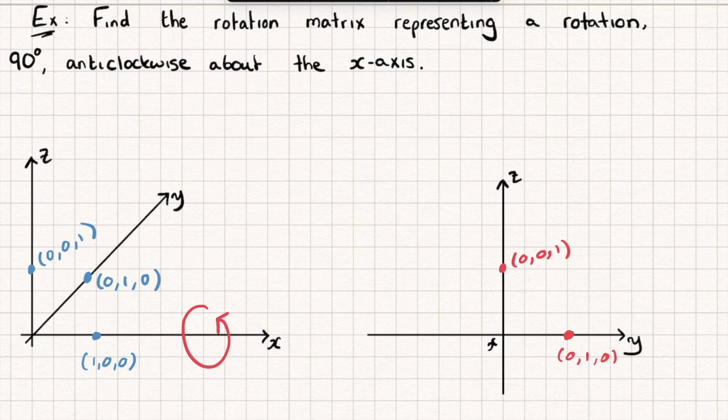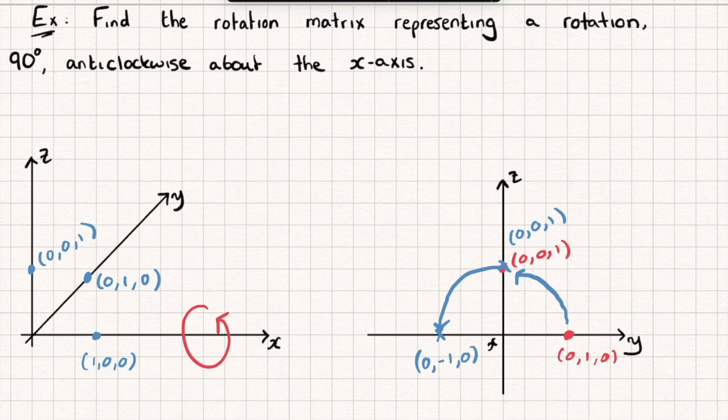I would draw on the point 1, 0, 0, but it wouldn't move, so there's not much point drawing it on. Under this 90 degree rotation, the point 0, 1, 0 is going to be rotated round to here, and it's going to have the new coordinates 0, 0, 1. And the point 0, 0, 1 under this 90 degree rotation is going to move round to this point here with the coordinates 0, negative 1, 0.